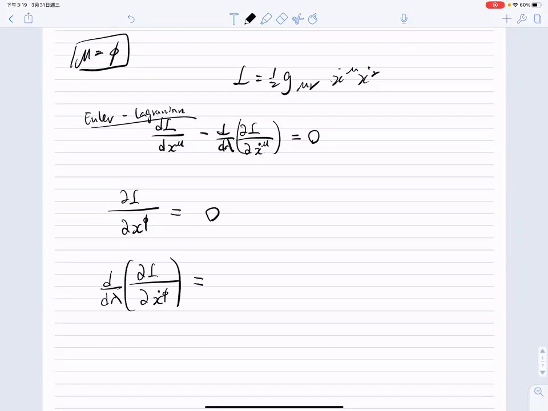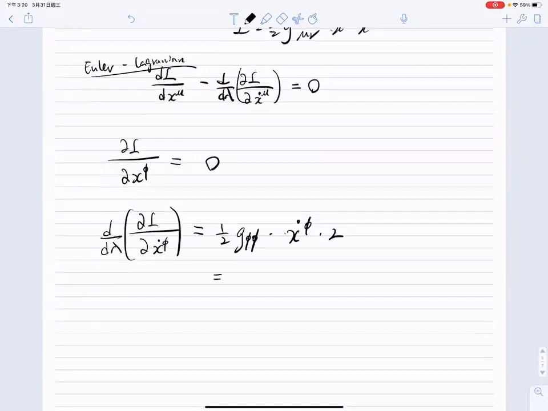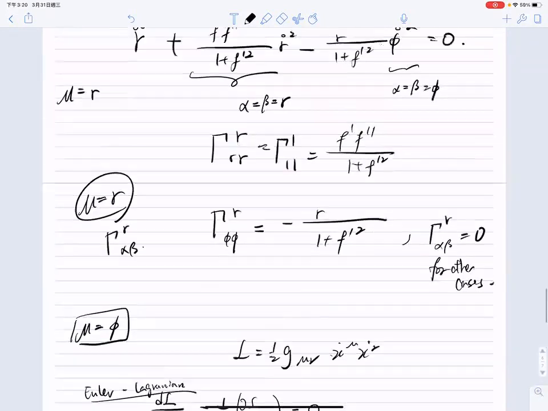It will be equal to g mu nu. Only this term is left: g phi phi times x dot phi times 2, right? And then finally, you have a derivative with respect to lambda, and it would be g phi phi. What is g phi phi?